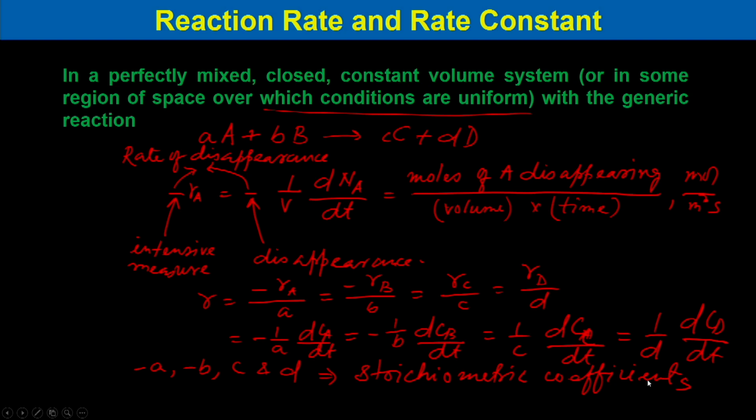And CA, CB, CC and CD are the concentrations of the different species.